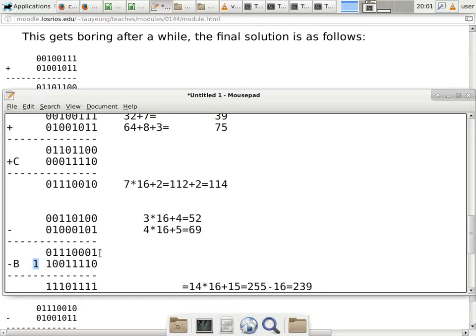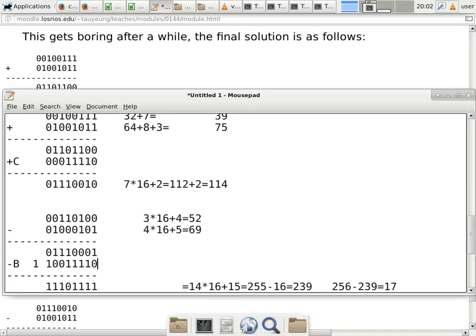256. So the actual value that we are representing is 256 minus 239, because this is what we borrowed, and this is what we have left after the subtraction. What is 256 minus 239? 17.